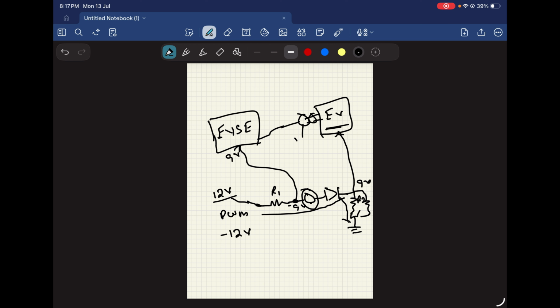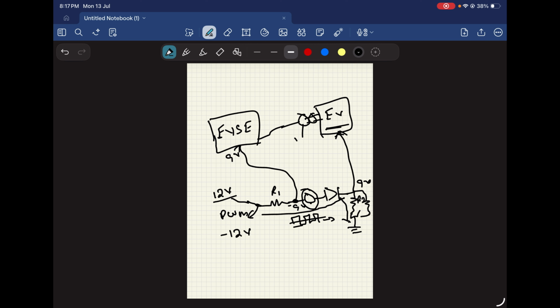It will decide that it is properly connected, then it will shift this 12 volts to PWM. Here the PWM will generate 9 volts PWM, plus or minus. Whenever the PWM is observed here, the EV will measure the duty cycle of this PWM.